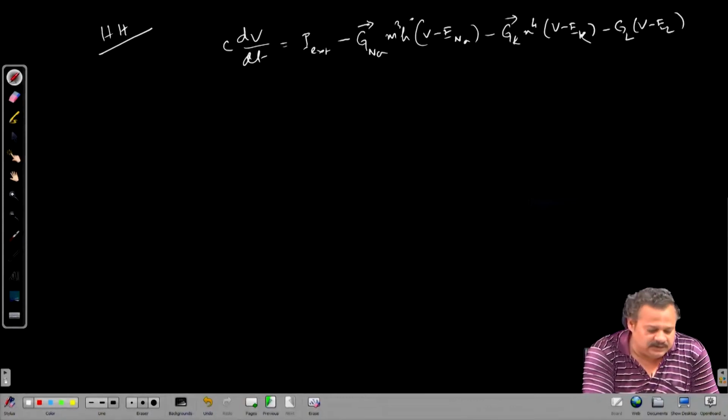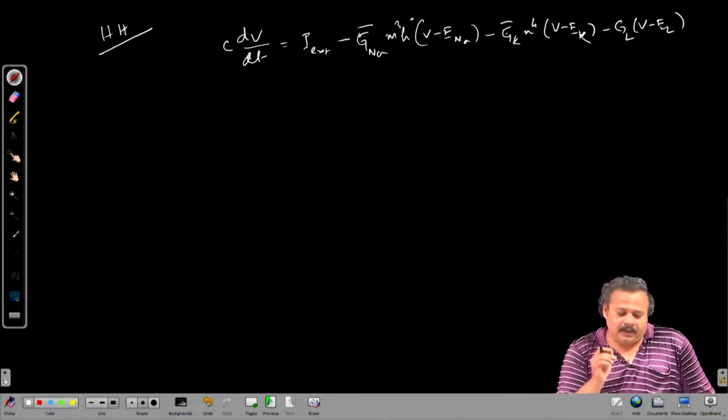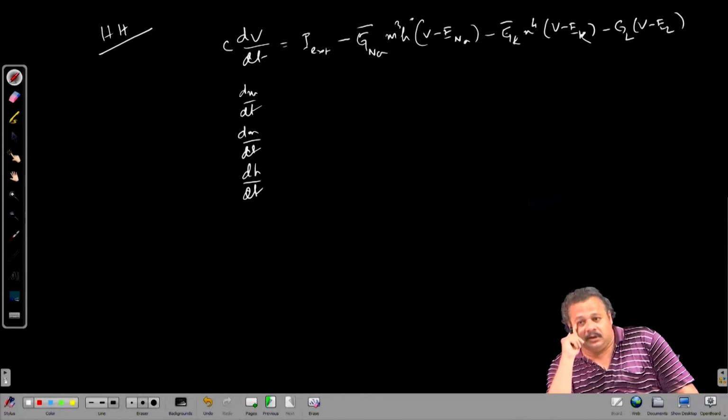I'm sorry, these are not vectors, this is simply bar, G Na bar and G K bar. So we have now dm/dt, if you remember, and dn/dt and dh/dt along with the first differential equation.